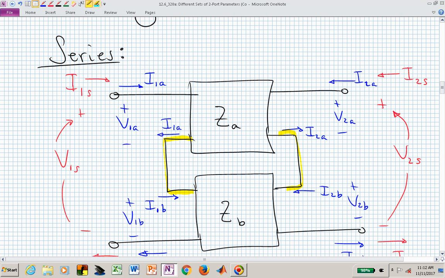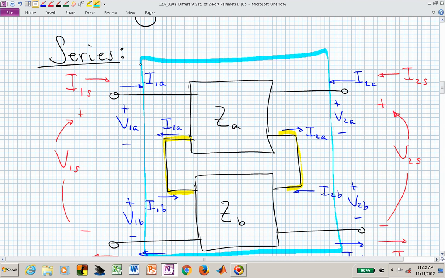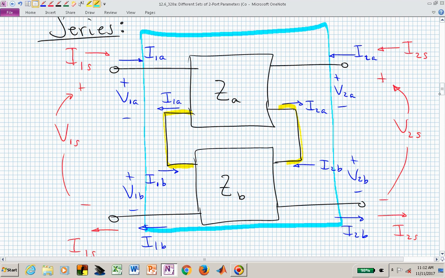I hope you can see that if we simply enclosed that Z sub A and Z sub B, we would then actually have a larger 2-port, but we would have an I sub 1s. The port current requirement would be true on the left. We would have a V sub 1s, with s being the subscript for series.